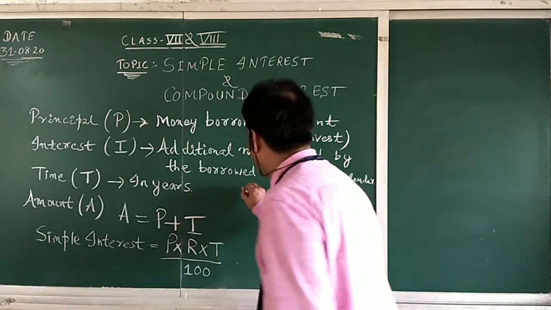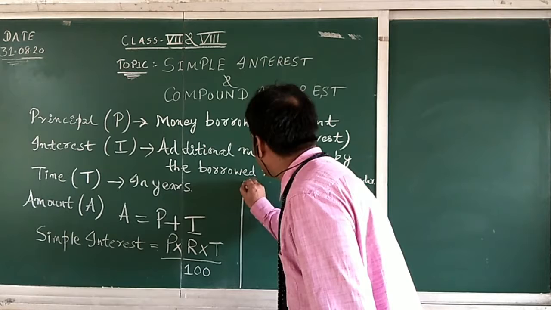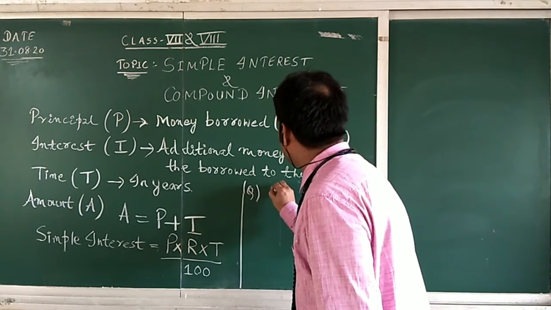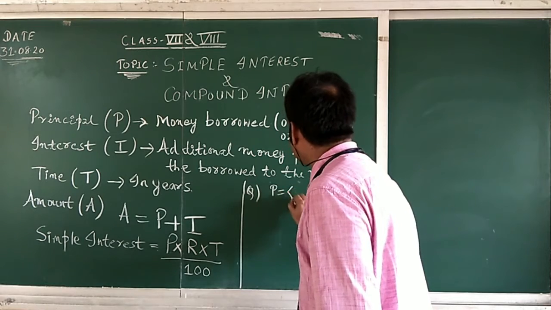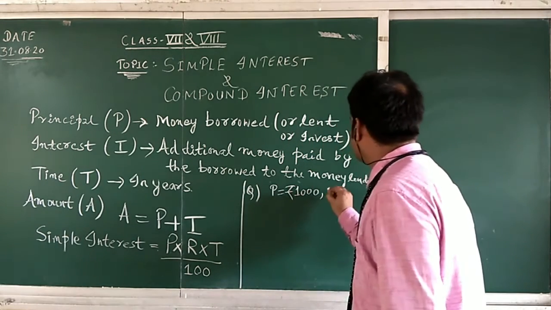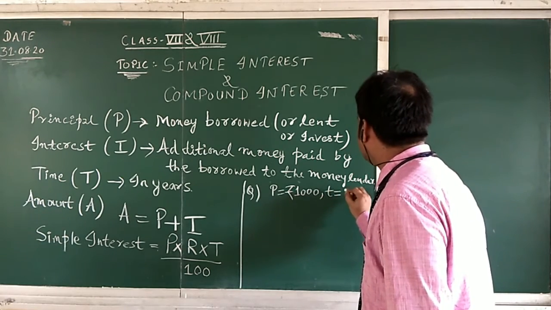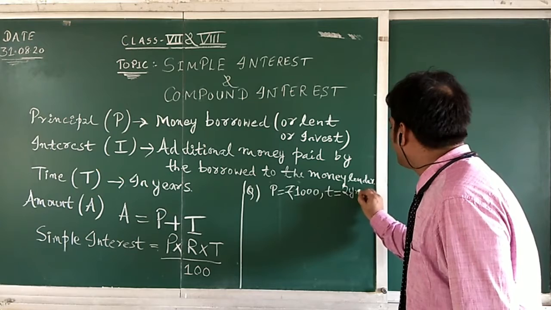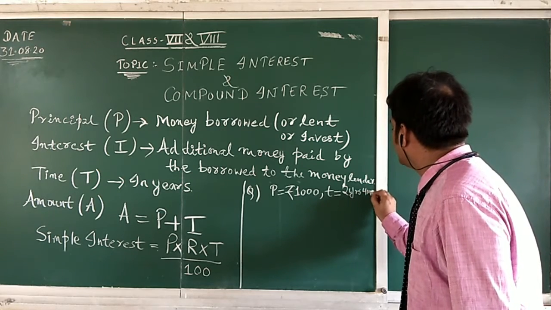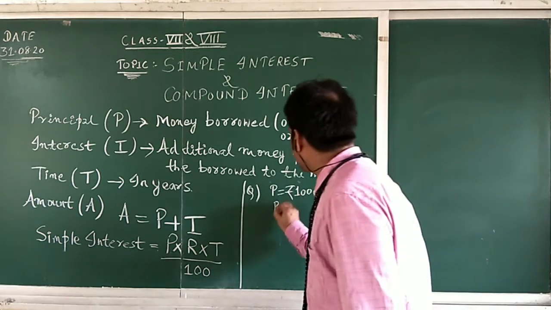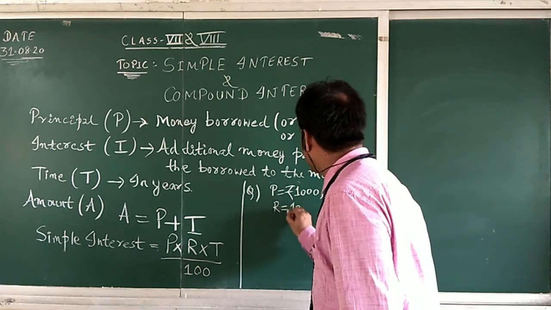Suppose children, I will explain one question. Suppose your principal is rupees 1000. Time is given here as 2 years 4 months, and rate is 10% per annum.